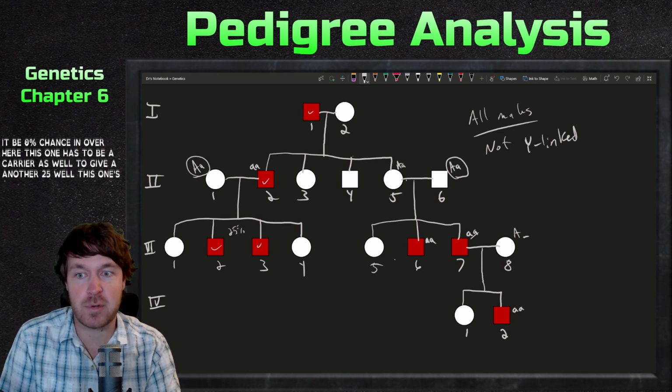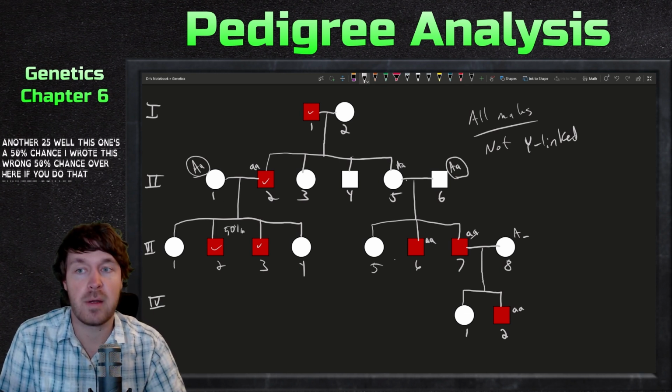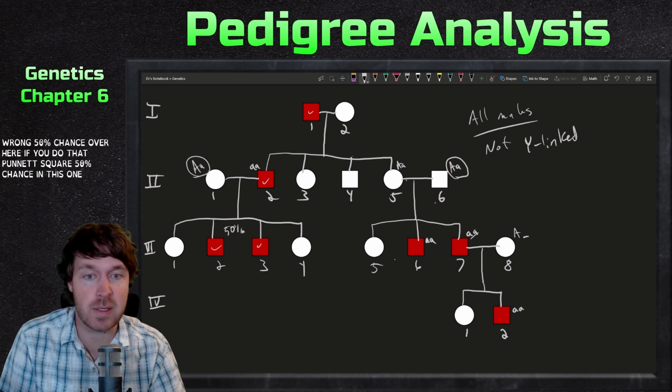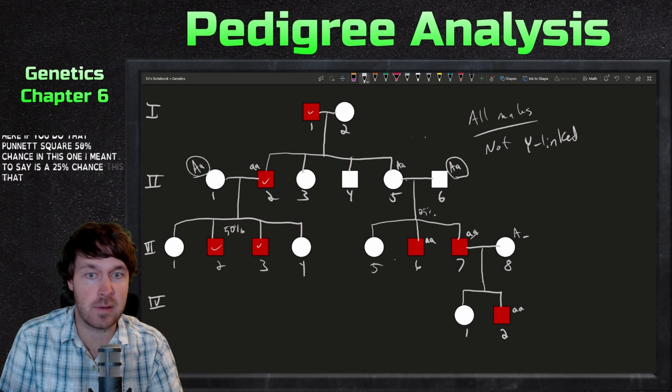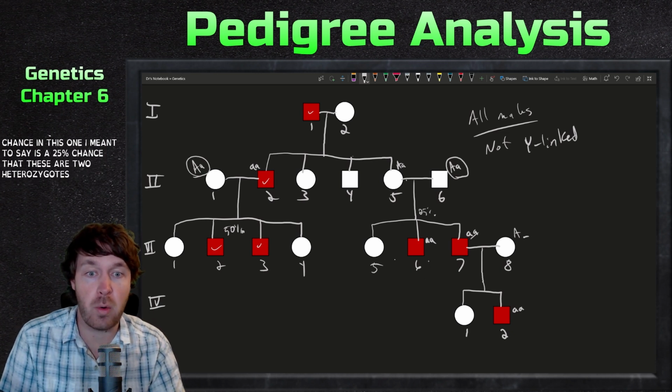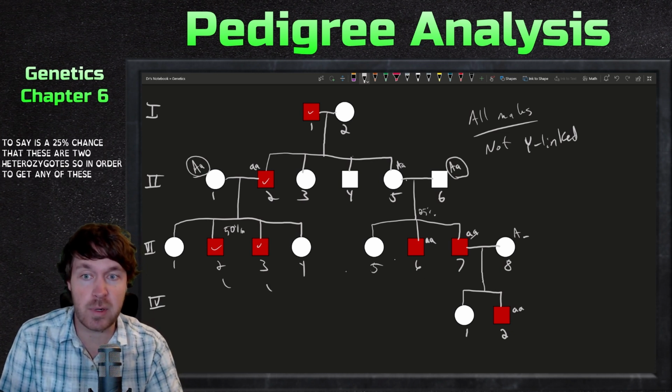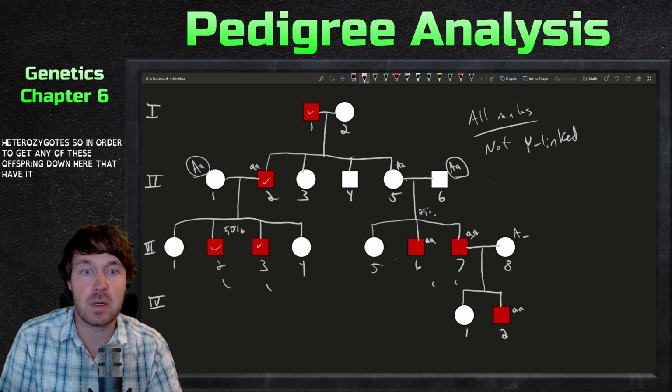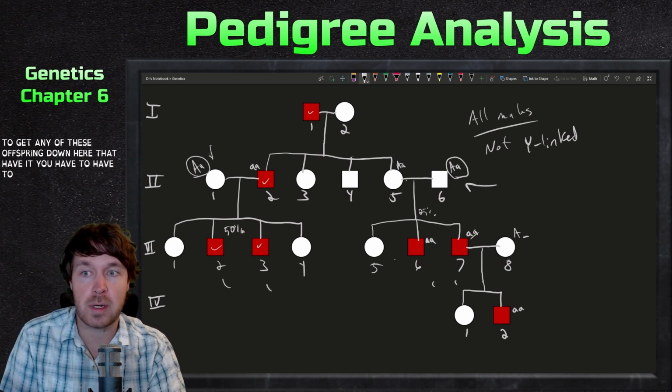Well, this one's a 50% chance. I wrote this one wrong. 50% chance over here if you do that Punnett square. And this one, I meant to say, is a 25% chance. So these are two heterozygotes. In order to get any of these offspring down here that have it, you have to have 2 carriers.